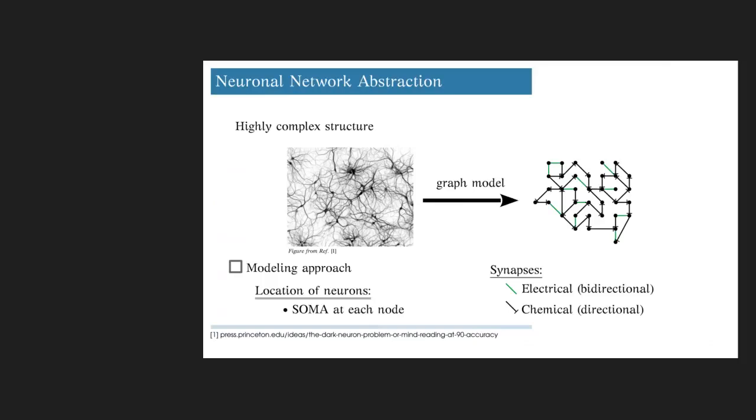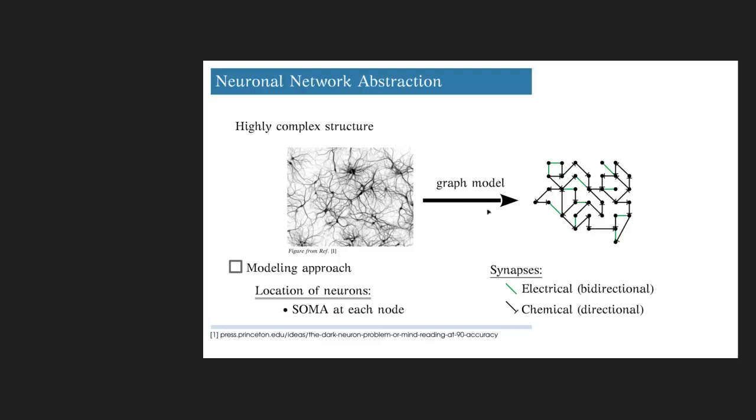Really, the soma, the body of the neuron, is located in each node of the graph, and the synapses, electrical or chemical, are represented by the edges of the graph. So the brain can present electrical synapses that are bidirectional, represented by green edges here, and chemical synapses that are directed and represented by black edges here.